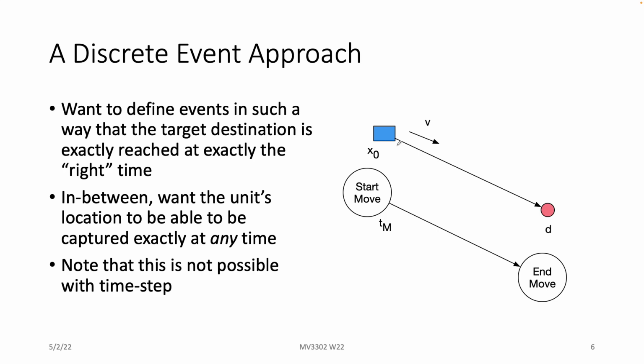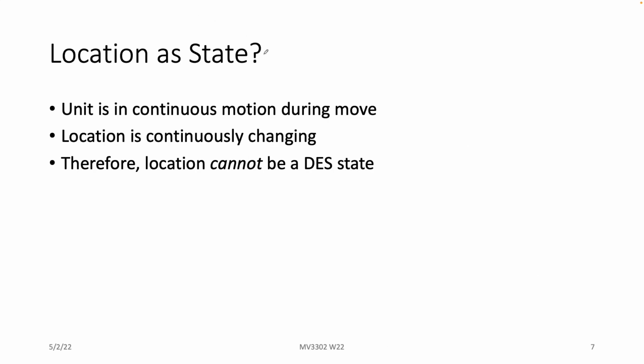Now here's the thing: if this unit is in continuous motion, then the location is changing continuously. Therefore, location cannot be a discrete event state. Why? Because location is continuously changing, and discrete event states must be piecewise constant.